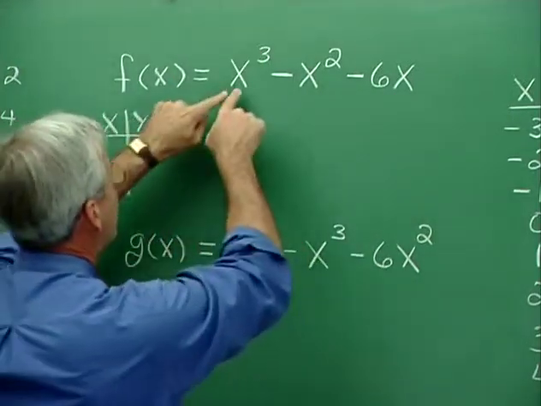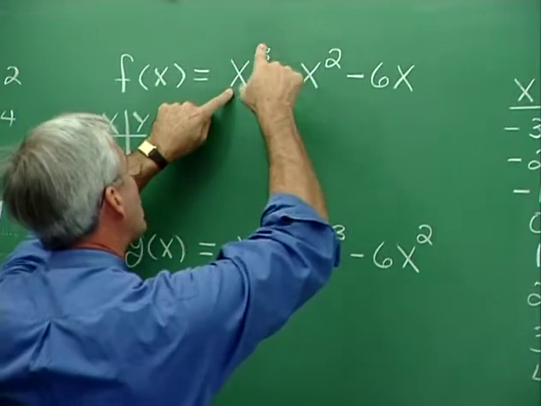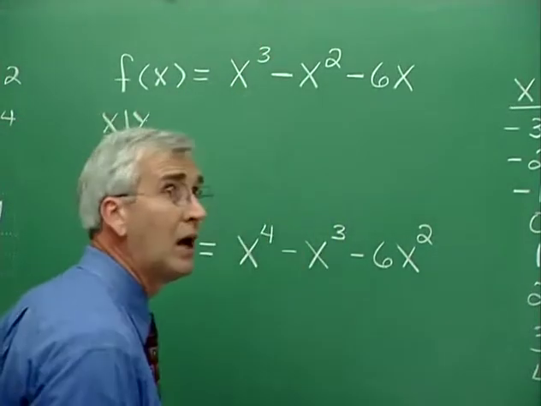For example, if this is 1,000, then 1,000 cubed is a really, really humongous number.